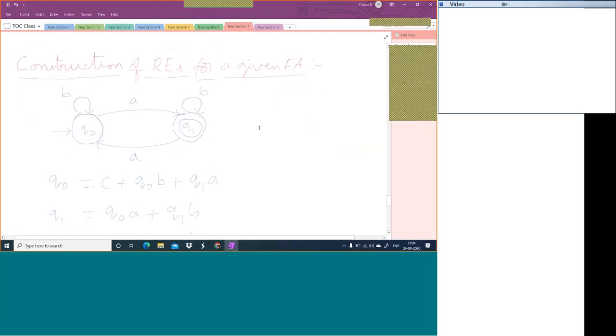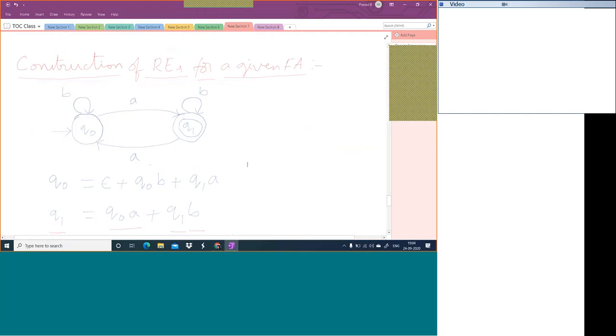Now the main topics in this chapter: if a diagram is given, what is the expression to the diagram? So diagram to expression. After that, if an expression is given, what is the diagram? So diagram to expression, expression to diagram we will do.